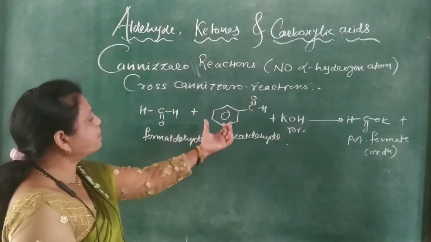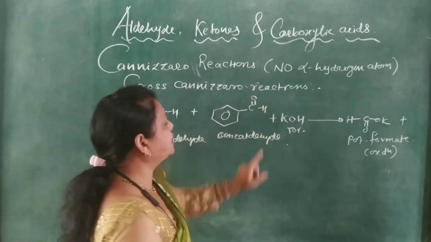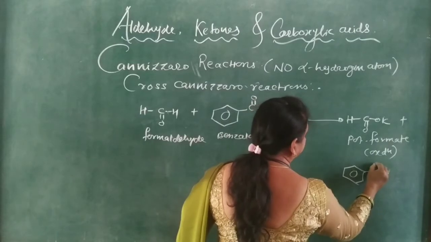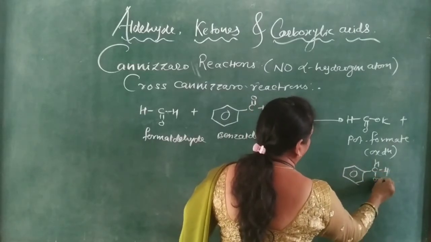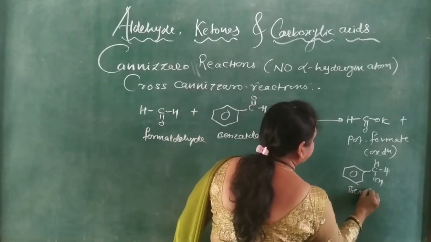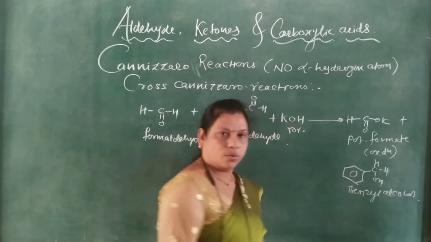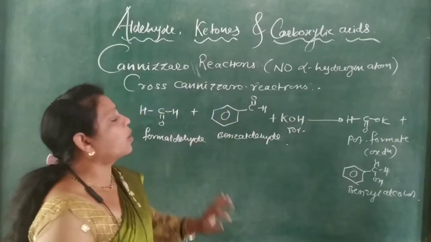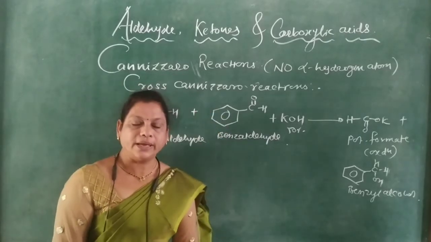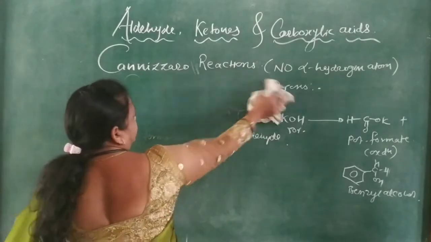Whereas in this benzaldehyde, this H combines with this carbon and H combines with this O, to form benzene with CH2OH, and this is called benzyl alcohol. Okay, this is all about the cross Cannizzaro reaction. After watching this video, attempt the following questions.